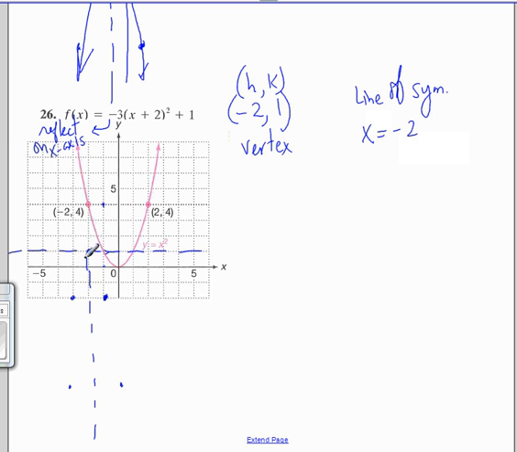Here's our line of symmetry. So the graph looks something like this. And remember, our vertex in this case is a maximum. That concludes 26.